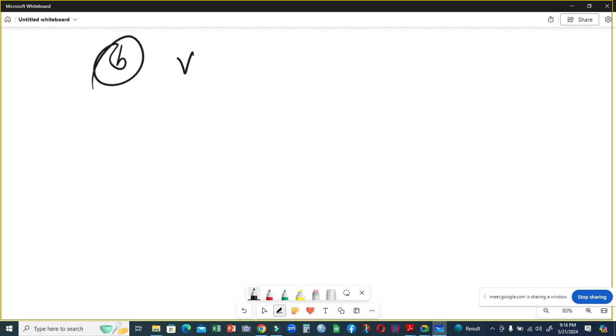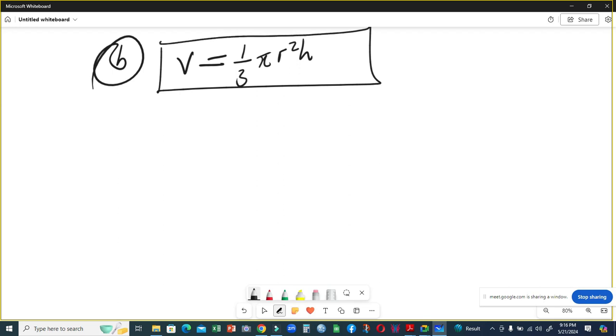So you have been given the volume of a cone to be V is equal to 1 over 3 pi r squared h. So this is the formula. And then they want us to complete the flowchart, of which in this flowchart, first of all, they have given us this shape.